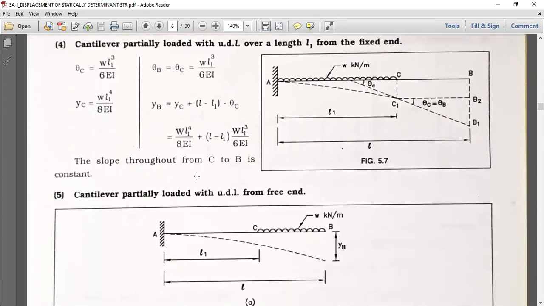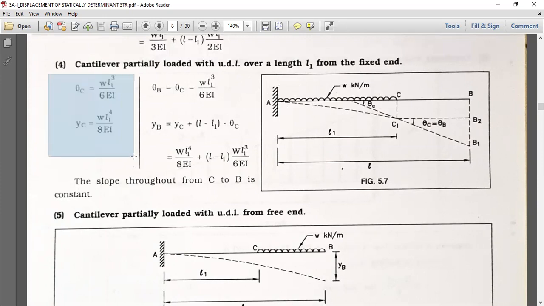Now, this is a similar example in which the point load is replaced by a UDL up to the same point. Consider a beam AB having a UDL of W kilonewton per meter up to C, or L1 length, where the slope and deflection formulas are taken from the cantilever beam with a full UDL, and the rest of the things are as discussed.